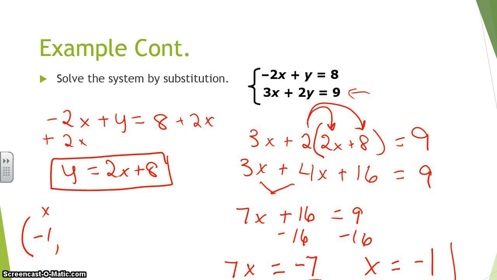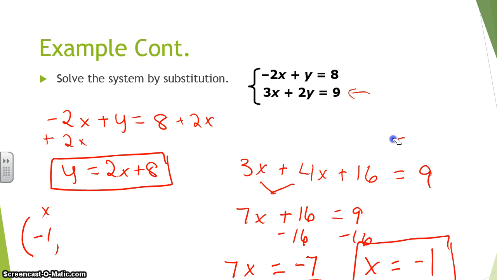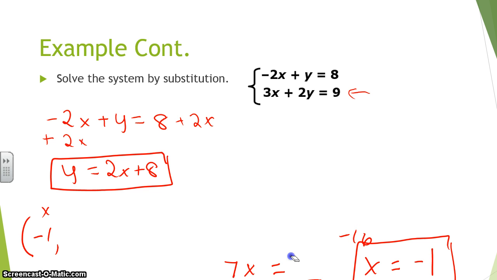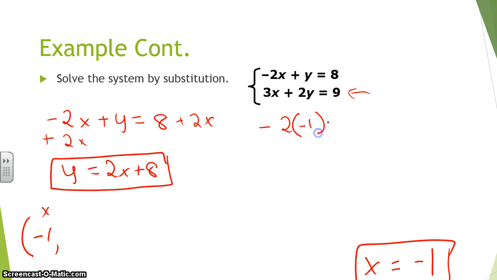So now that I found x equals negative 1, I can substitute that into one of the originals to find my y. Let's choose the first equation to find my y, given that I solved for my x. So we have negative 2 times my x, which is negative 1, plus y equals 8.